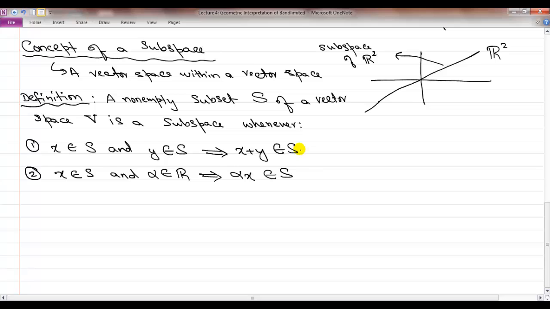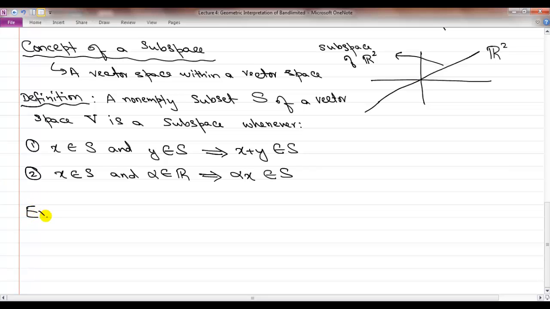Okay? So just as we talked about previously, if this line didn't extend from one end to the other end, then it won't be a subspace because it's not closed under linear combinations. Okay? Similarly, a line which has perhaps a hole in between won't be a subspace.